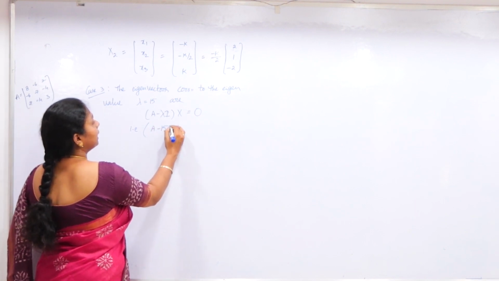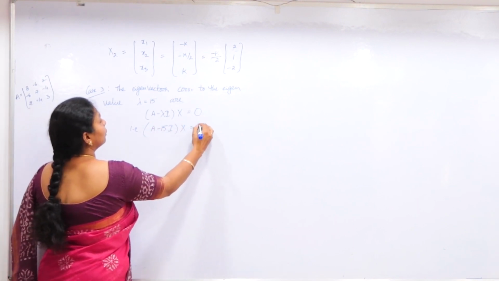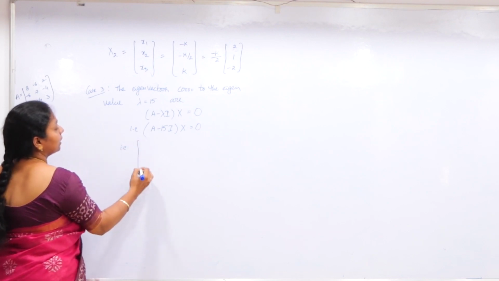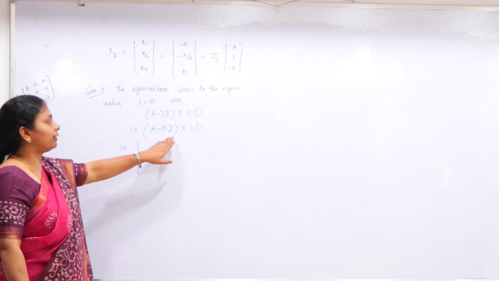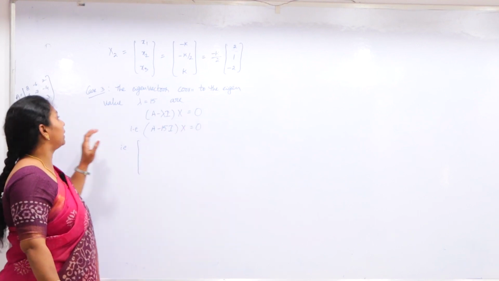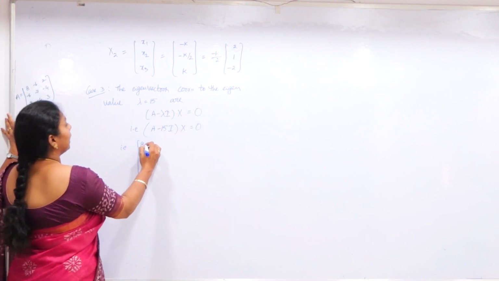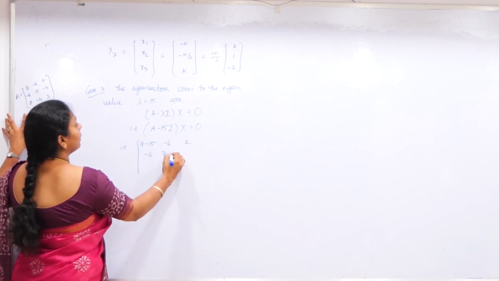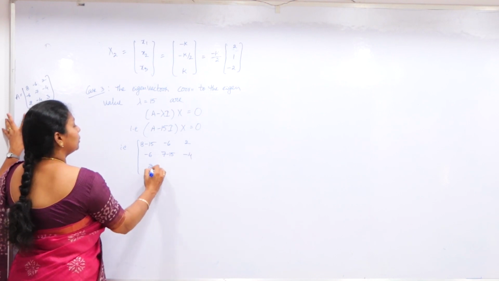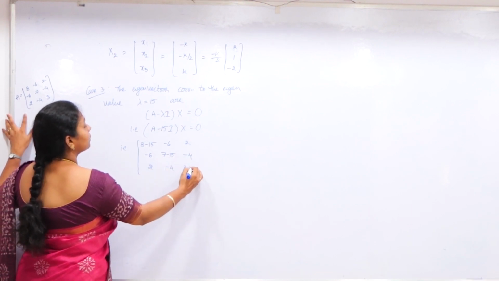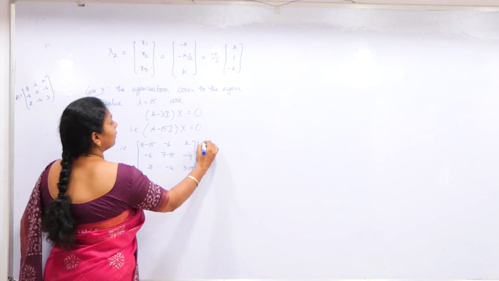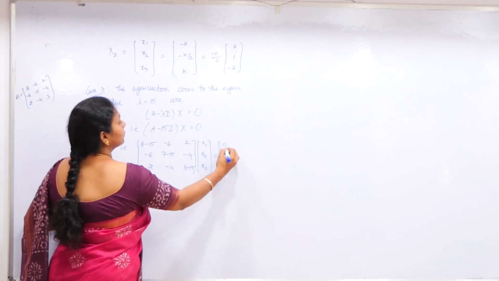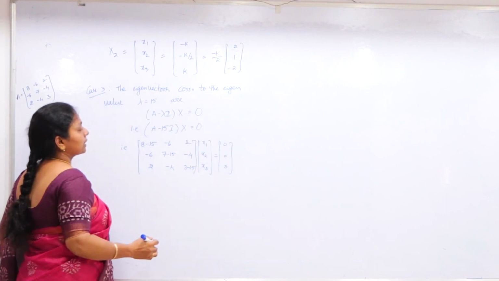(A minus 15I) x equal to O. That is diagonal elements of A minus 15 into scalar matrix equal to O. So matrix 8 minus 15, minus 6, 2; minus 6, 7 minus 15, minus 4; 2, minus 4, 3 minus 15, into scalar matrix x1, x2, x3 equal to null matrix 0, 0, 0.